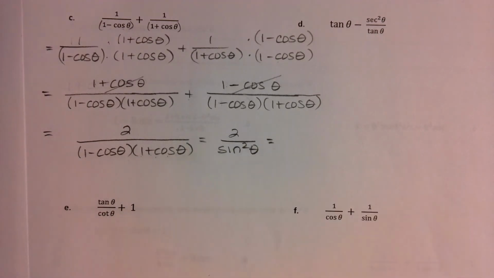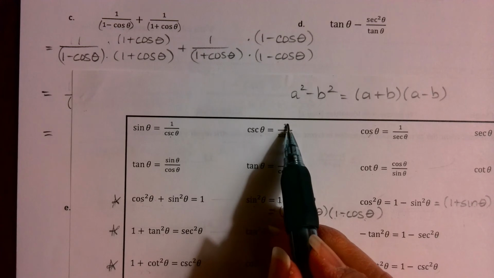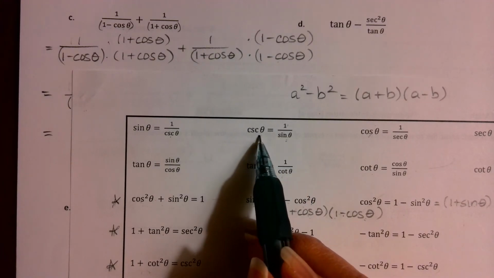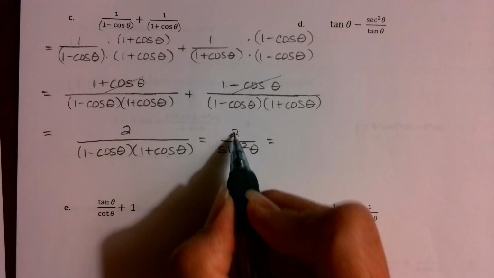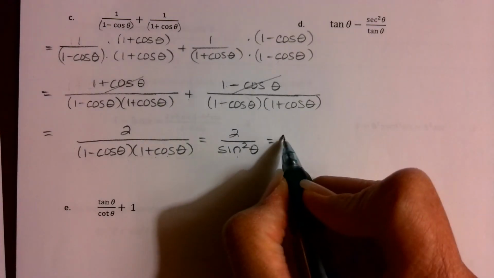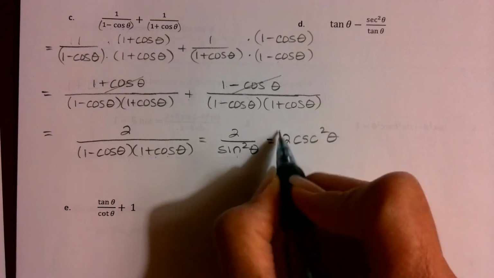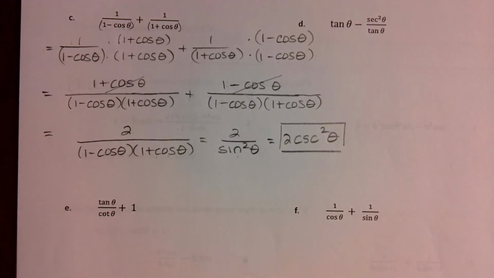But this can simplify one step further, because any number with sine theta in the denominator is going to be cosecant theta. The only difference is that was a 2. So 2 over sine squared theta is going to be 2 times cosecant squared theta. And of course, that's as far as we can go with that problem.